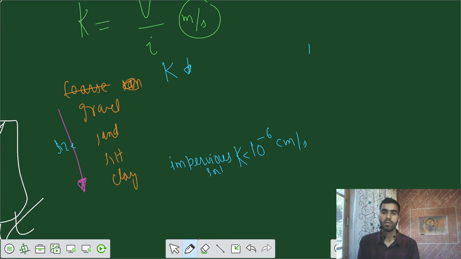That means once the soil mass is fully saturated and you apply water to pass through the soil, in 1 second it would pass 10 to the power minus 6 centimeters. That's your permeability.